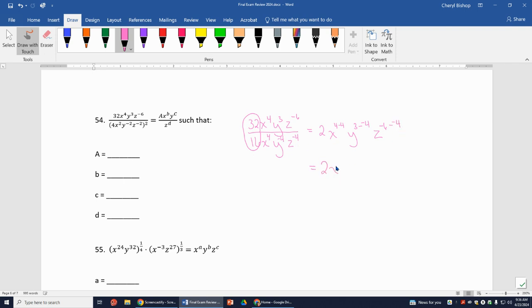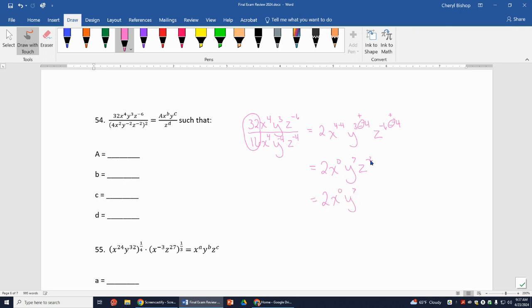That's going to be 2x to the 0, which we wouldn't really have to write, but it's in here, so I'm going to write it. y to the, this turns into a plus, so that's going to be 7, y to the 7th. And z to the, this turns into a plus, so that is negative 2.